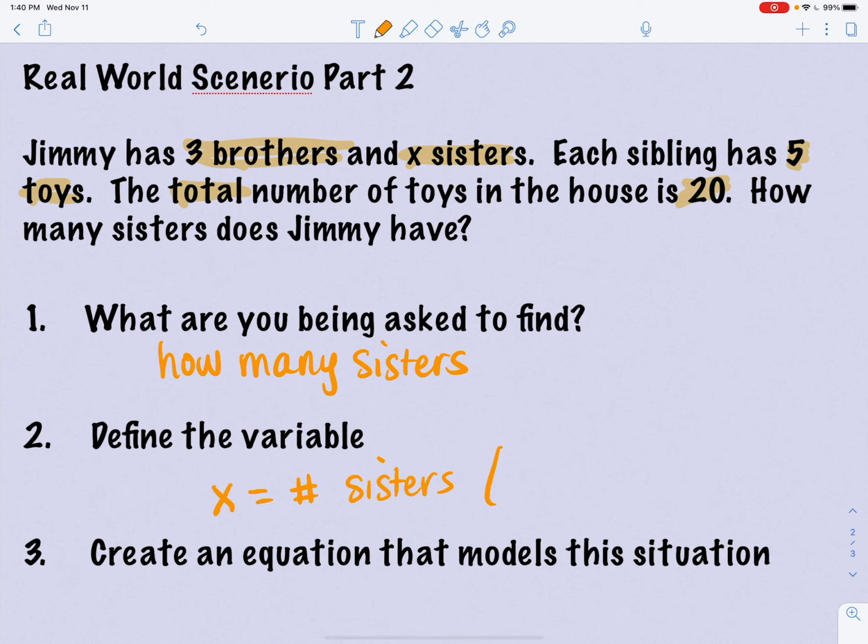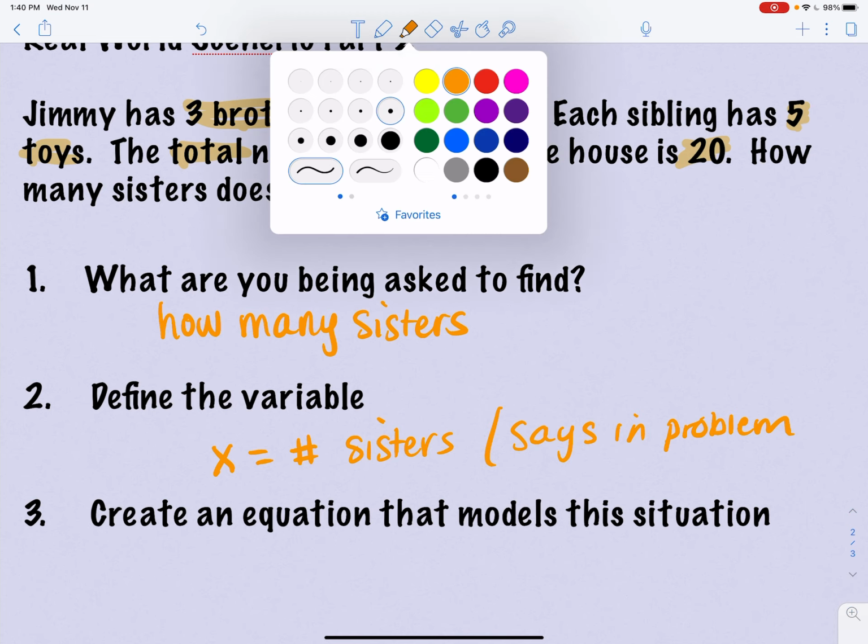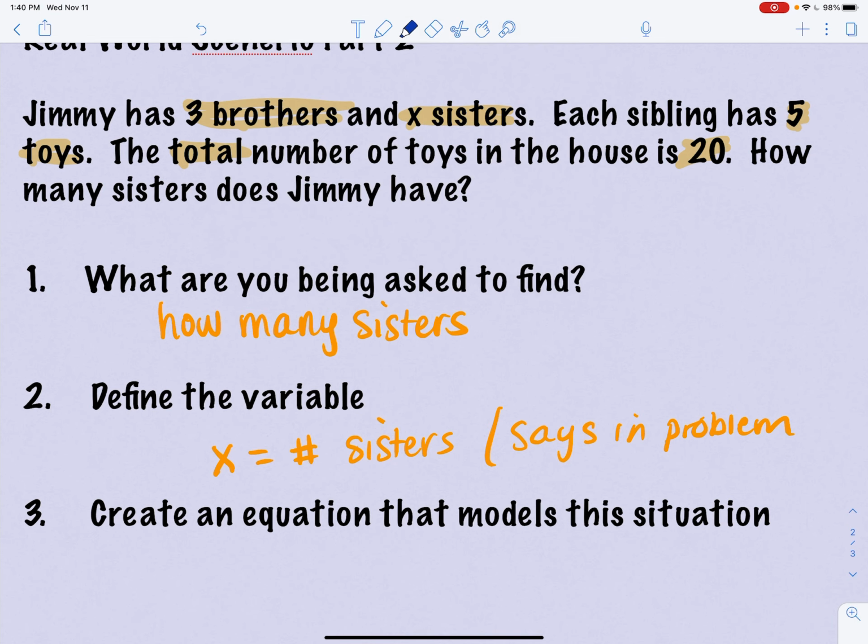Create an equation that models this situation. So total tells me that that equals. Okay, so we know that there are 3 brothers and this many sisters. So this is the total number of siblings. But what does that 5 toys have to do with it?